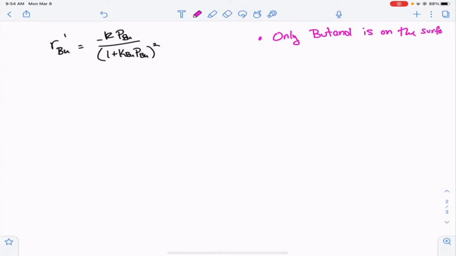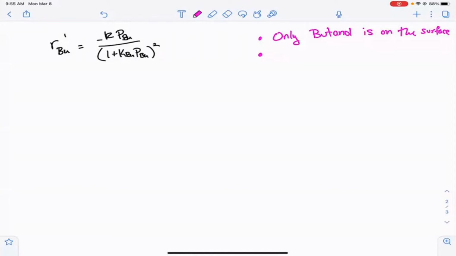Good. Okay. So then in looking at this rate law, what is the weird thing that we've never seen before? And we're also kind of looking at the denominator. What is unusual about this compared to what we've seen before? It's squared. We've never seen that before.